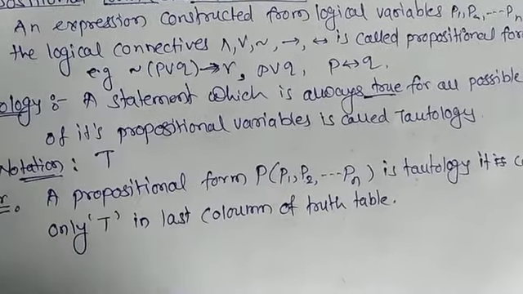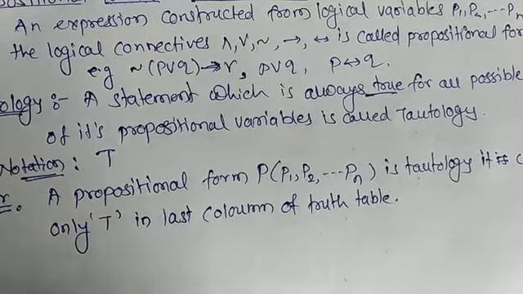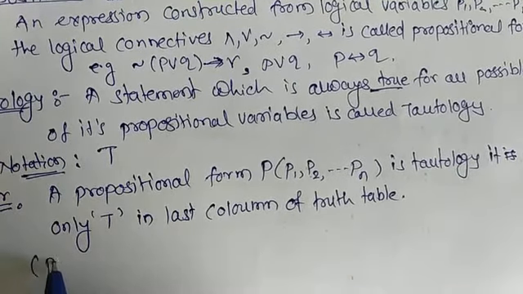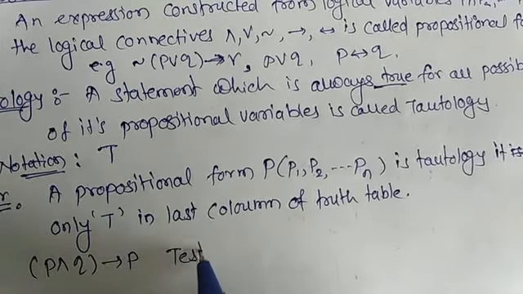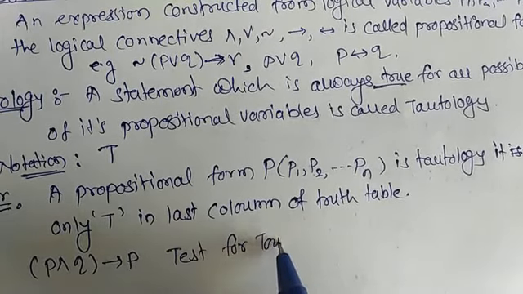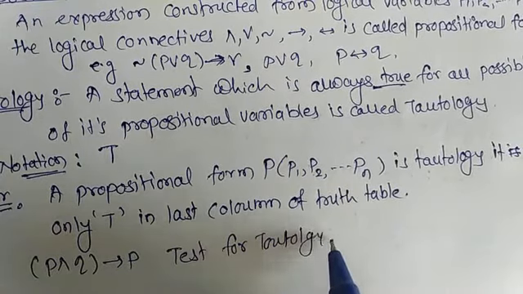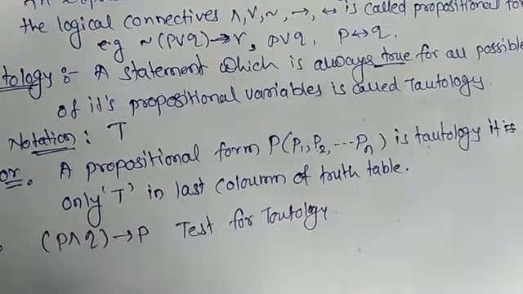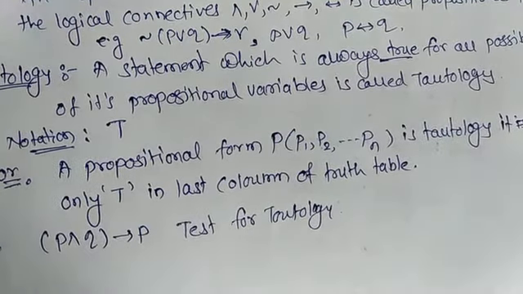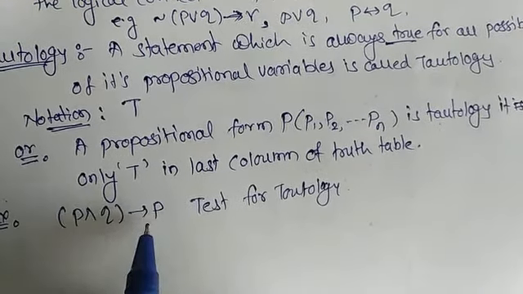For example, if you consider P and Q implies P and test for tautology, you have to first prepare a truth table for this propositional form.